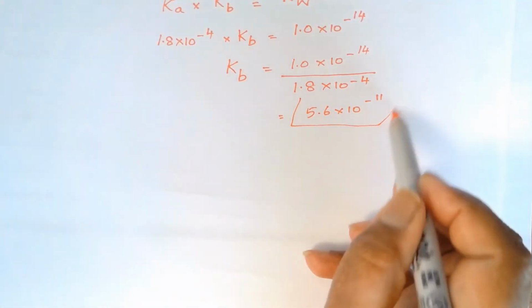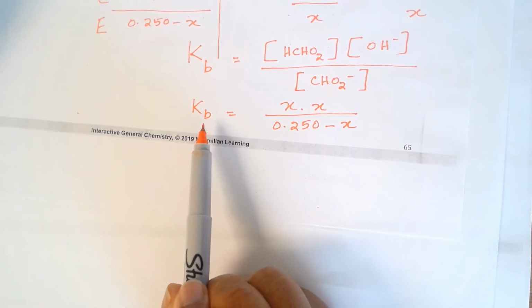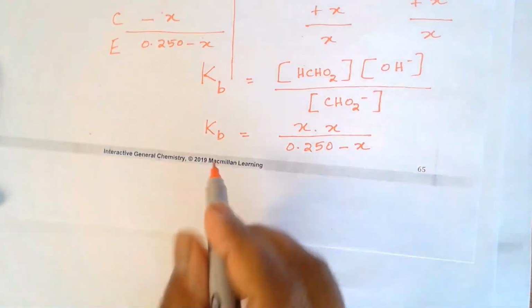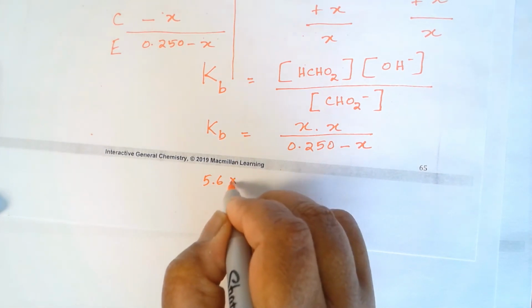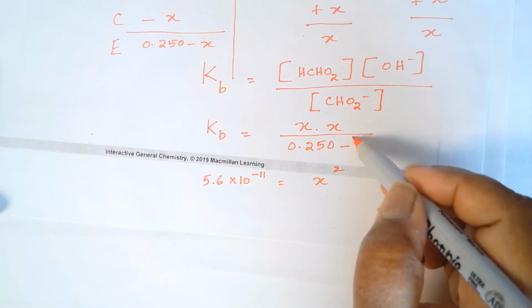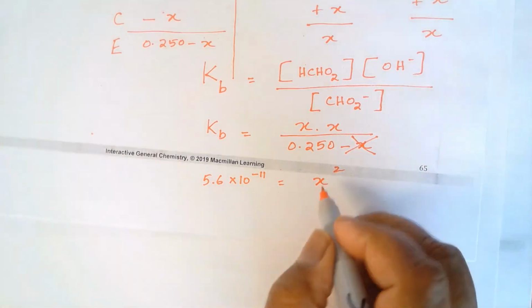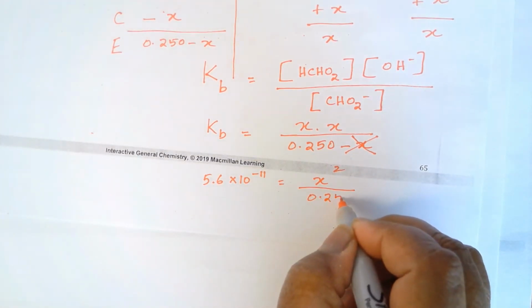Remember the previous page, I did not know what Kb was, but I was able to calculate it with the value for Ka. x squared. And remember, you can ignore the x in the Kb expression or Ka expression, since they said x is going to be less than 5%. And so x squared divided by 0.250.